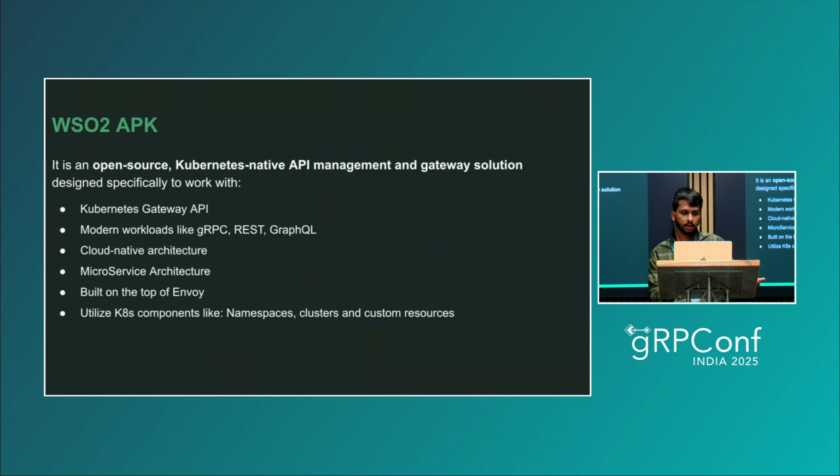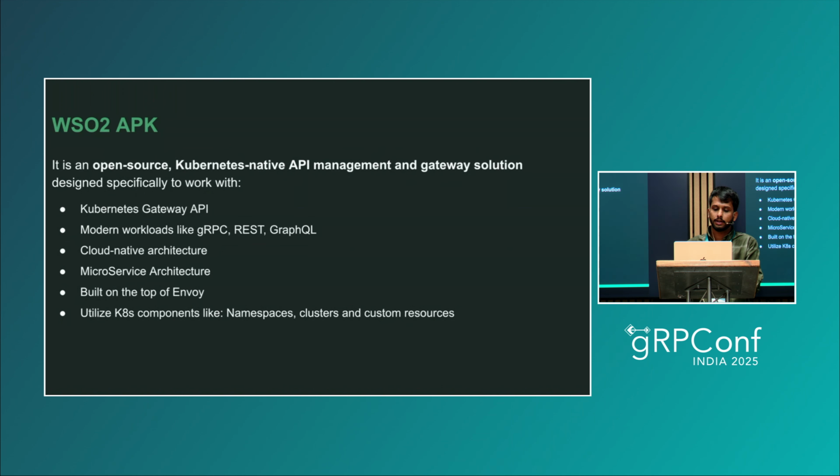This tool utilizes the key components of Kubernetes like namespaces, clusters, custom resources, and pods, and it knows how to deal with gRPC services in the Kubernetes environment. You can create your own custom resources like YAML configuration files, simply apply them to your Kubernetes clusters, and expose your services easily.